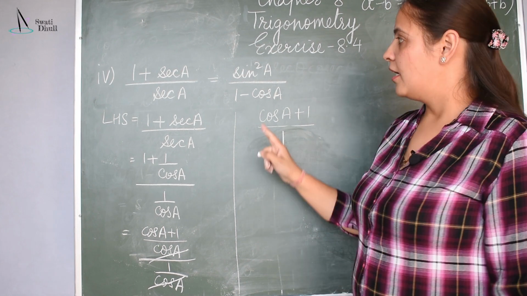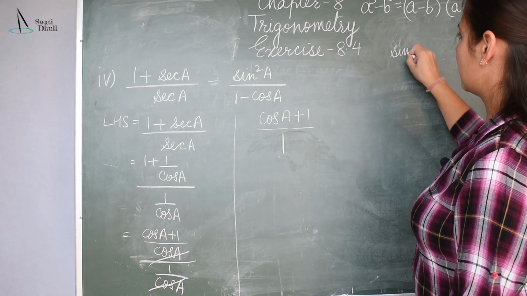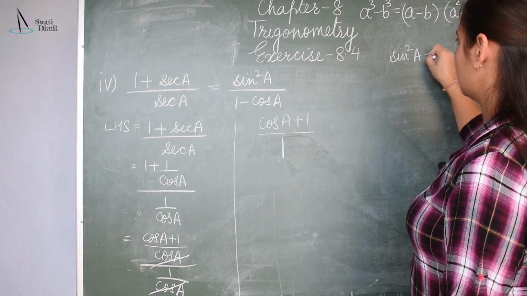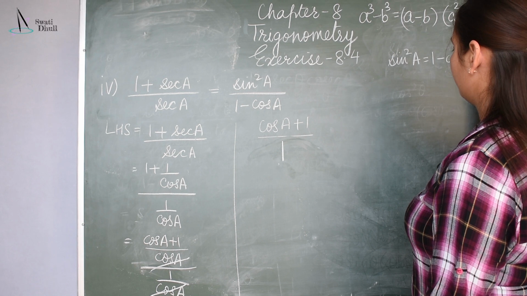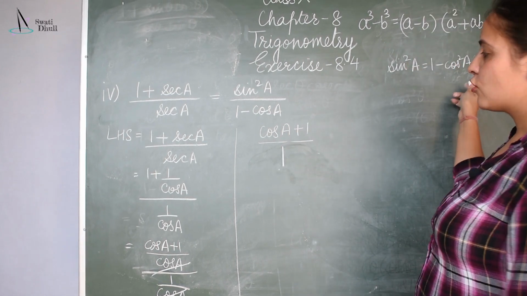Now in the numerator, I want sine square A. I know that sine square A is equal to 1 minus cos square A. So how can I make it 1 minus cos square A?